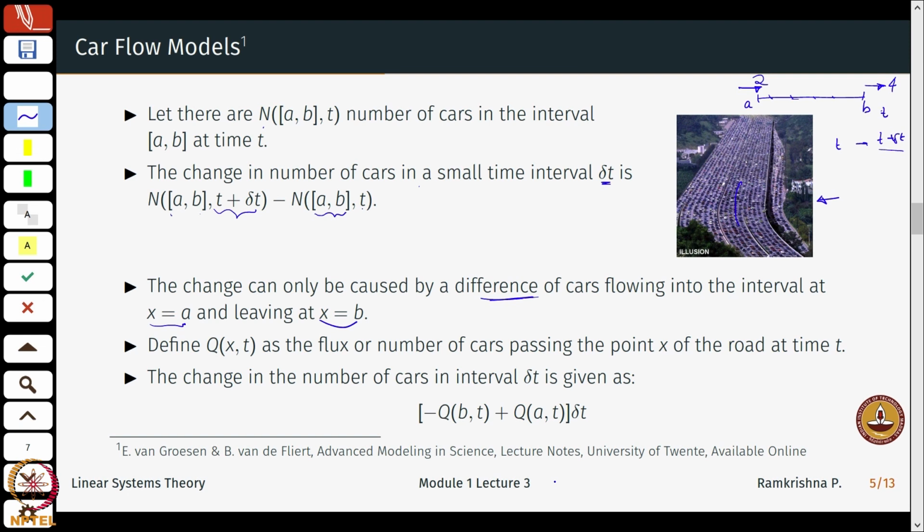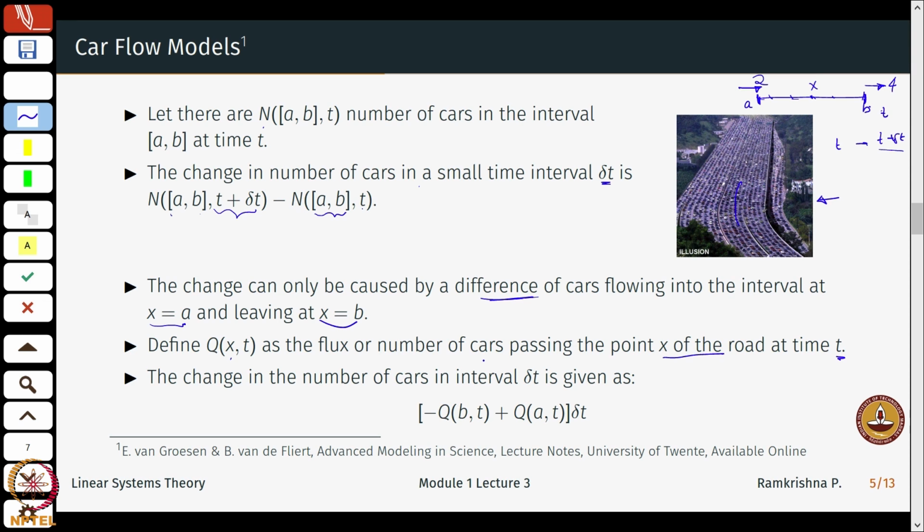So, now if I am standing at this point, say at a, and someone else is standing at this point b, I can measure the number of cars passing the point a, for example, at time t, and I call it the flux q(x, t). I can do it for point b, I can do it for any point between a and b; let us just generally call it x. So, the number of cars passing the point x at time t.